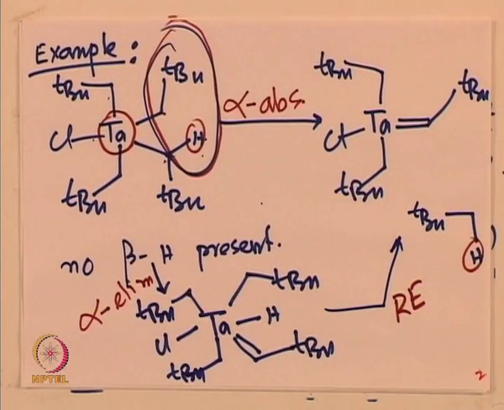So what we have seen so far in this particular example is a tantalum complex, a pentacoordinated complex having 4 different alkyl groups without any beta CH bond. We have only alpha CH bonds. It can give us alpha abstraction, where one of the alkyl groups can act as a base to give a metal carbene intermediate.